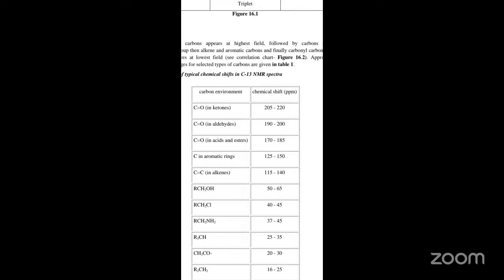And in the alcohol, the carbon has a delta value in the range of 50 to 65, and when the carbon is attached to electronegative chlorine, it has a delta value of 40 to 45 here.